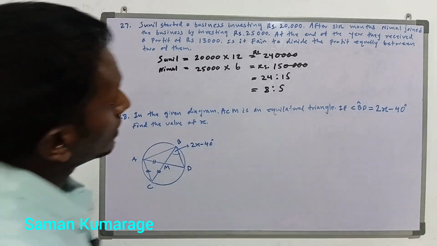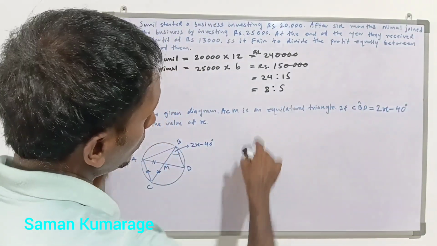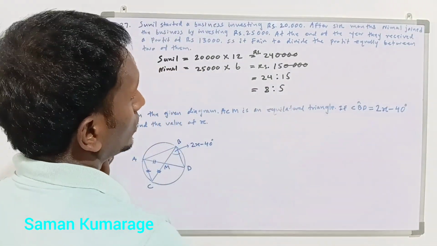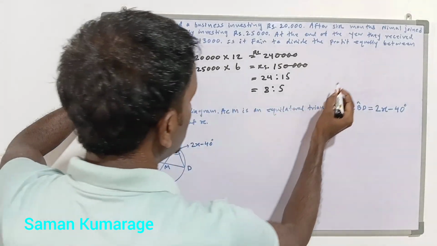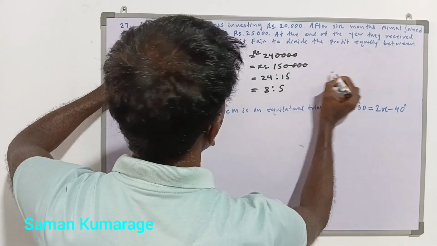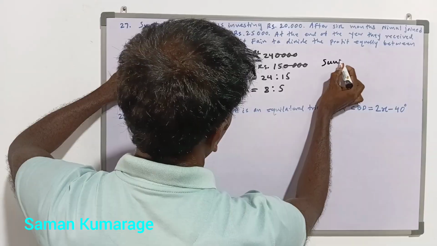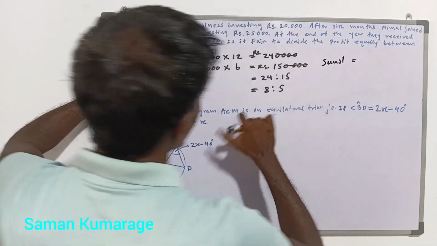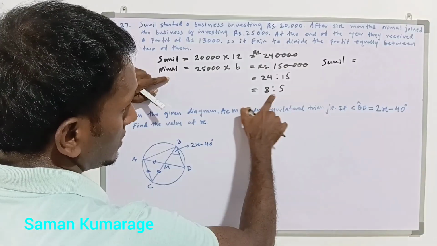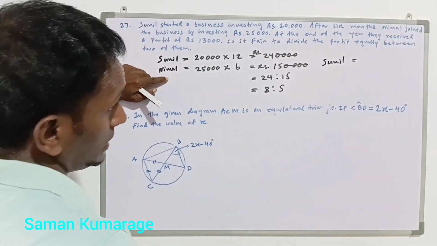So according to this ratio, Sunil should get, the total parts is 13.